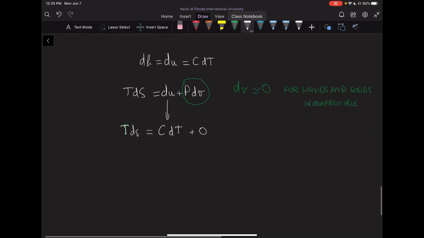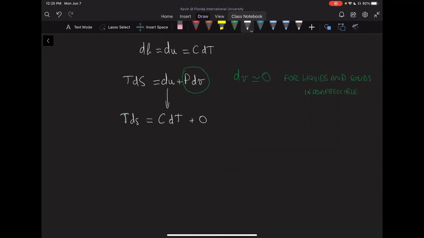So now if we integrate the whole equation and bring the t to the other side, we can say ds is equal to C over t of dt, just from the definition and moving the t around. And then we can integrate both sides between point 1 and point 2 in a process. If we have a constant Cv or a constant Cp, we're just going to call it C here.